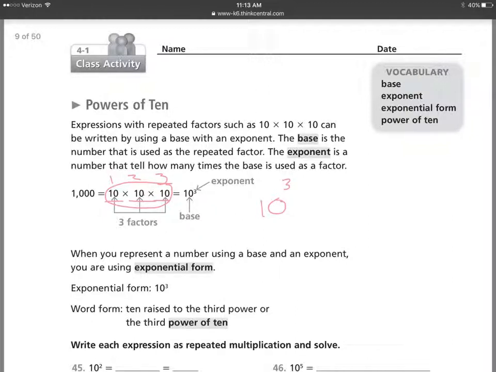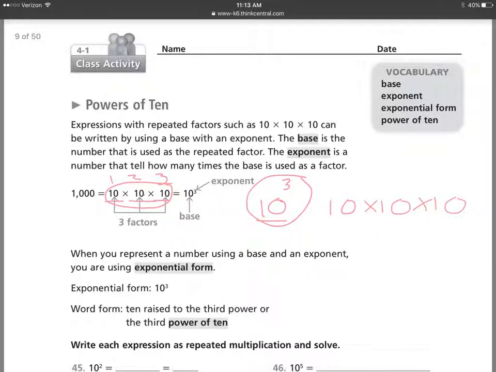And whenever somebody sees this, they know that they are to take their base number and repeat it 3 times, and that we always use multiplication signs for exponents. So exponents are a way to show multiplication in another way, but it only works if it's repeated multiplication.